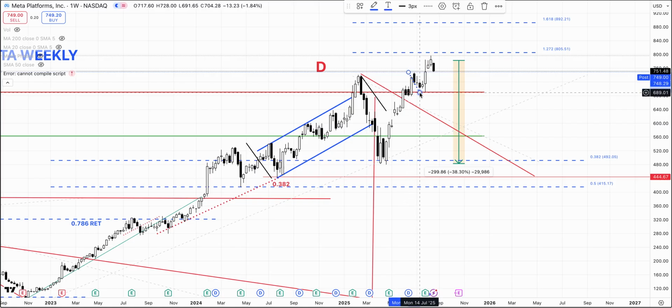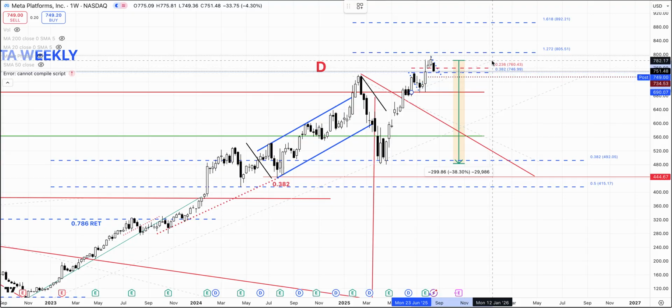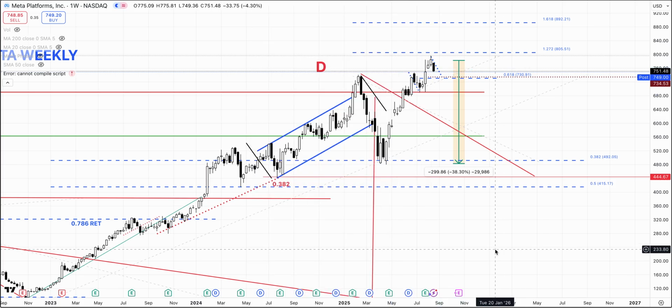This is the deepest pullback that we have seen. Well, not really the deepest pullback, but here we go. We should be watching this around here, and if we were to just have a Fibonacci retracement, yeah, 730 bucks roughly.